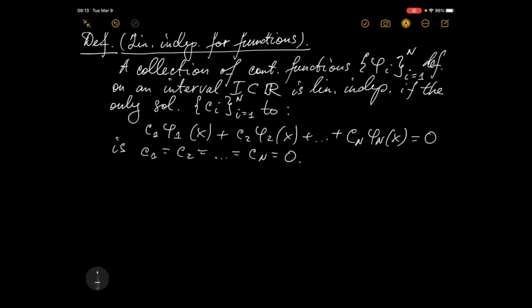In other words, once again, if we require this to be equal to 0 on the interval I, and the only solution, pay attention, has to hold for every value of x, every value of x on the whole interval, then if the only solution is the set of coefficients which are all equal to 0, these functions are called linearly independent.